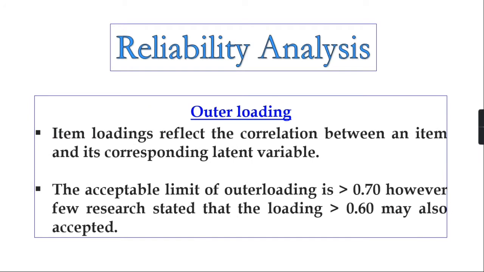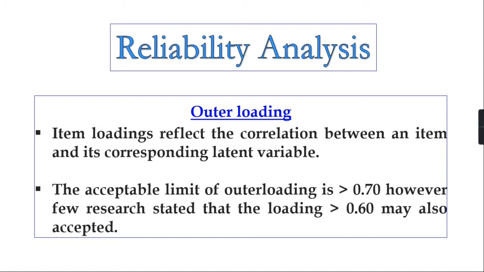Outer loading. Outer loading reflects the correlation between an item and its corresponding latent variable. The acceptable limit of outer loading is that it must be greater than 0.70. However, few researchers stated that a loading greater than 0.60 may also be accepted.